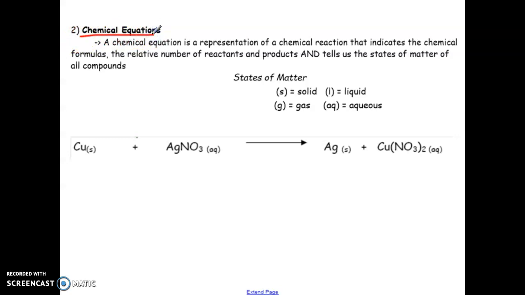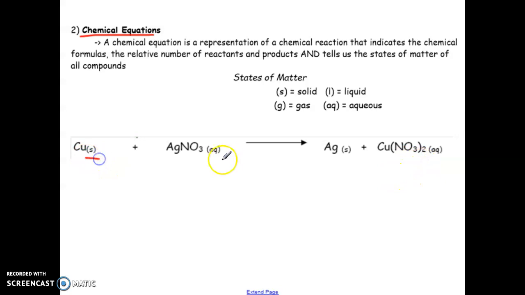This is the exact same reaction, by the way. So chemical reactions in grade 11, when you're writing them out, by the end of this unit, you will understand all of the different subscripts to be written, which tells us the state of matter. So here we have copper and silver nitrate, silver and copper 2 nitrate.